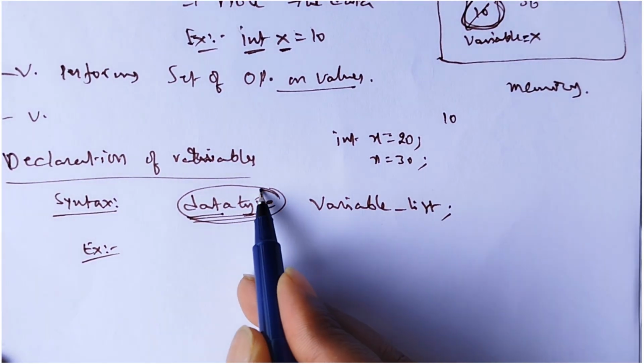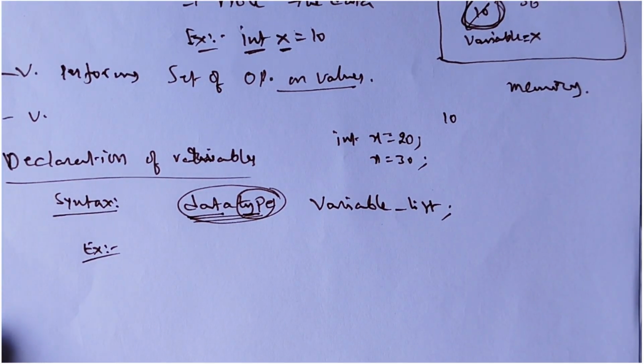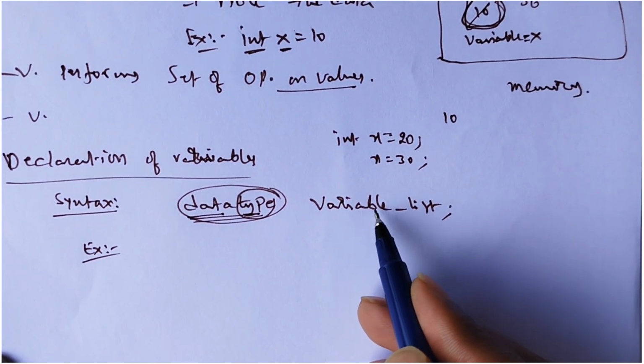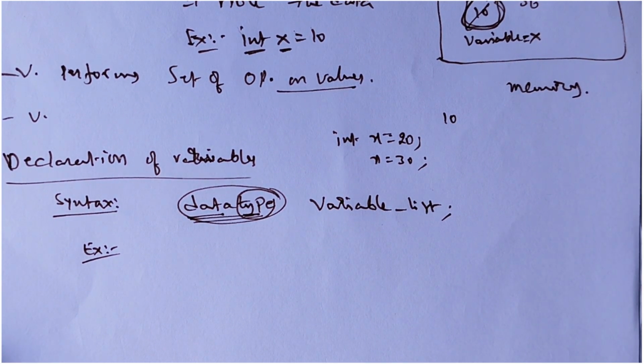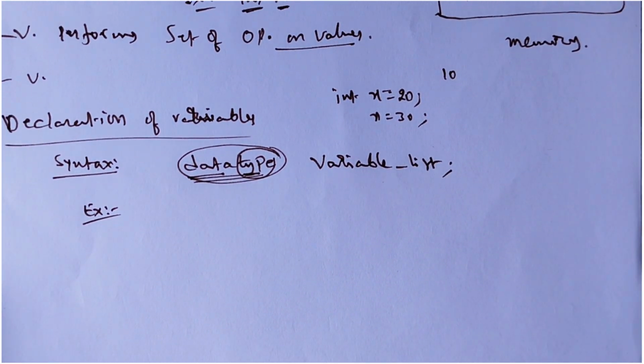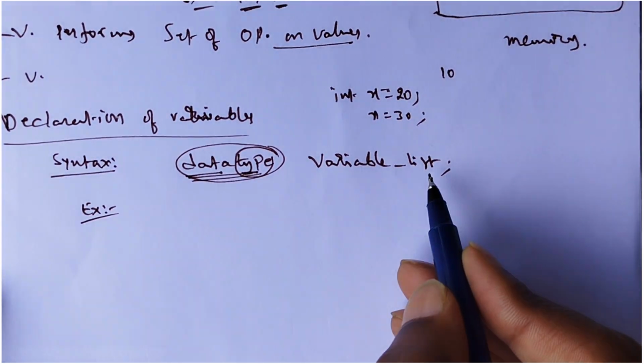And what is the meaning of variable list? At a time we can declare multiple variables. Based on our requirement, we can declare multiple variables at a time. In those cases, we write a variable list.